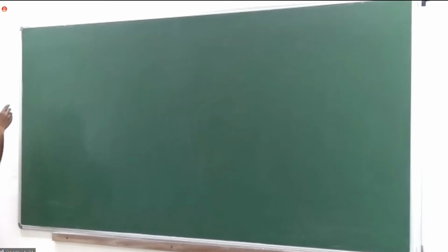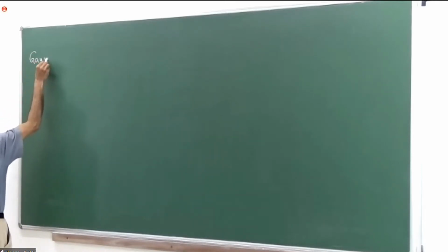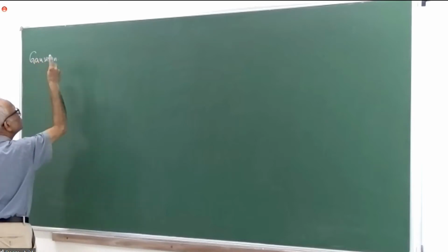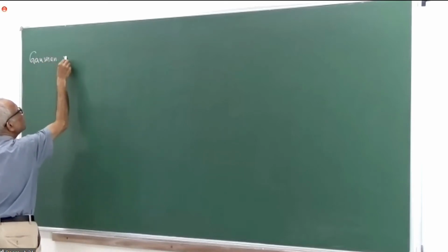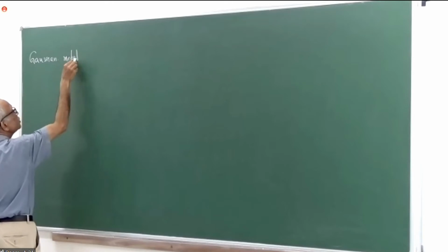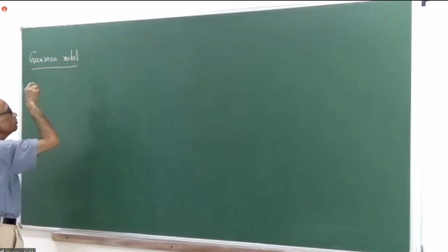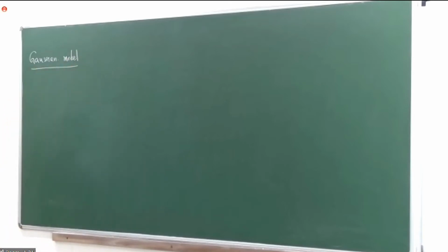Before starting out with the, or rather leaving this particular issue for the moment, I want to make sure that the Gaussian model is understood absolutely clearly, so that when I come back to doing the phi^4 theory, things are absolutely clear.